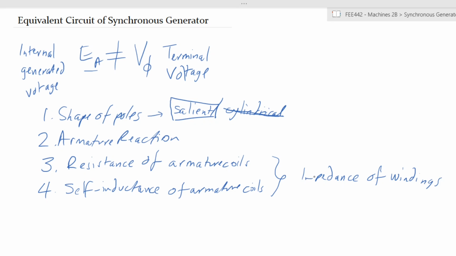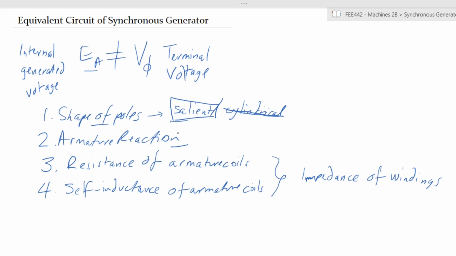Any equation between the two of them will have to factor in the impedance of the windings as well as the armature reaction. Type of poles, we have said we will assume salient, so that will not really come into play in our discussions as we look at the equivalent circuit.